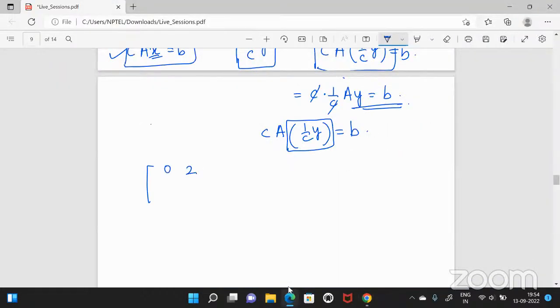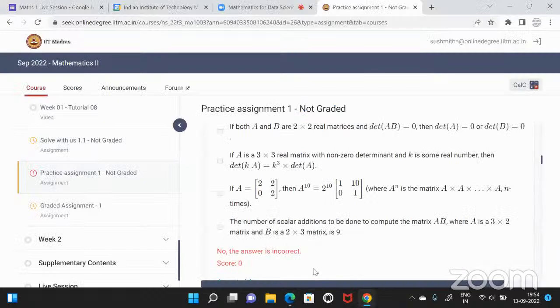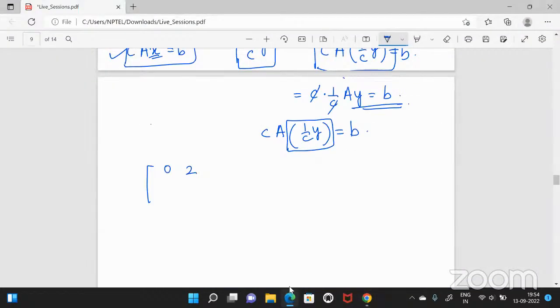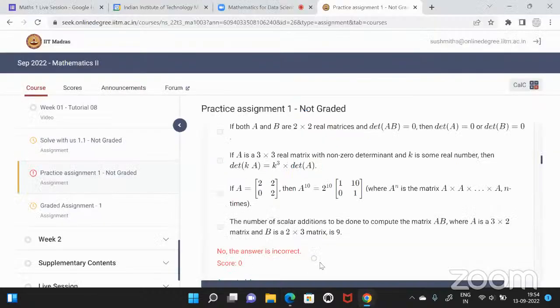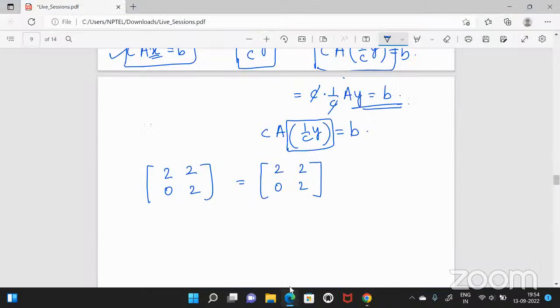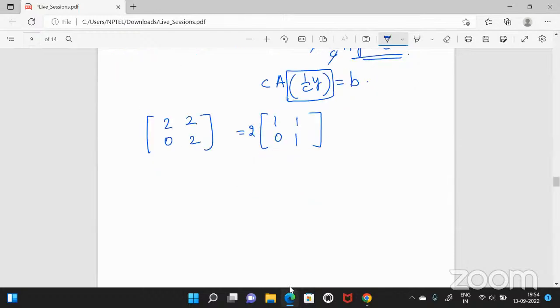0, 2, 2, 0, 2. You want to find the 10th power. So first let's find the second power. The matrix 2202. Determinant or the matrix itself? The matrix itself. Okay, before that, can I write this as 2 times 1101?